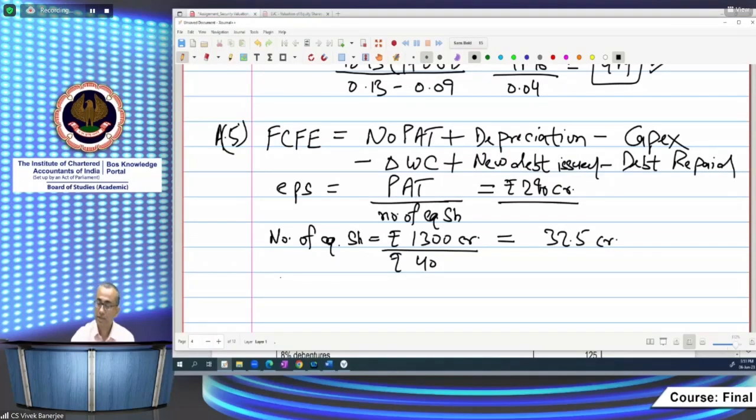So now apply this formula to the above figures. EPS is equal to 290, which is profit after tax, divided by number of equity shares, which is 32.5.